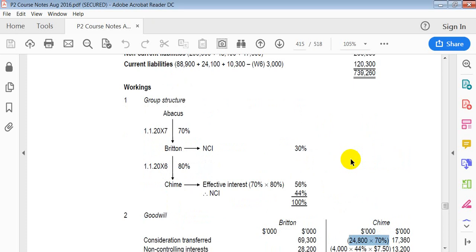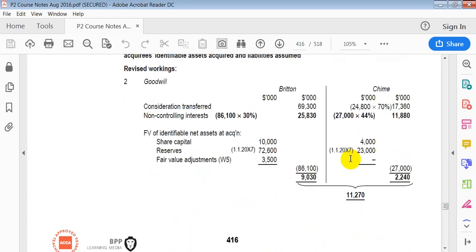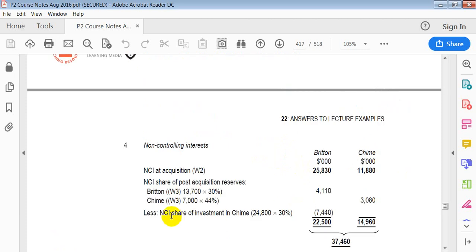We are taking only 70% of the consideration, therefore the 30% is a portion which the NCI has to contribute in the consideration, so that is subtracted from the NCI. Total the two NCIs to give you a final NCI balance of 37,460.